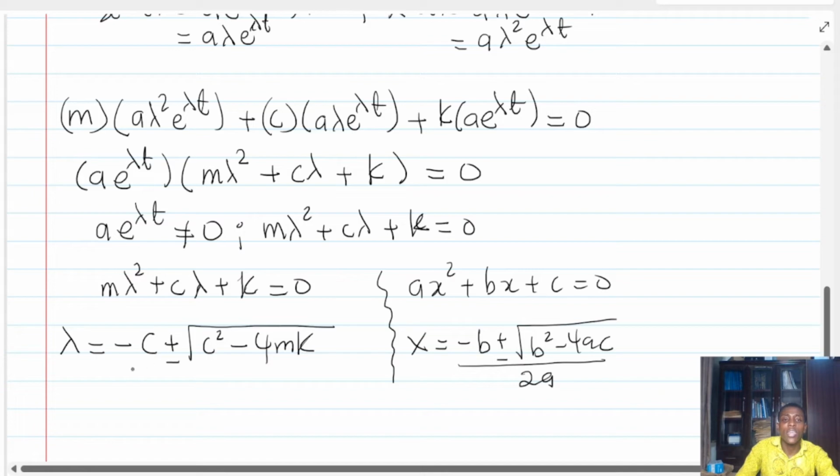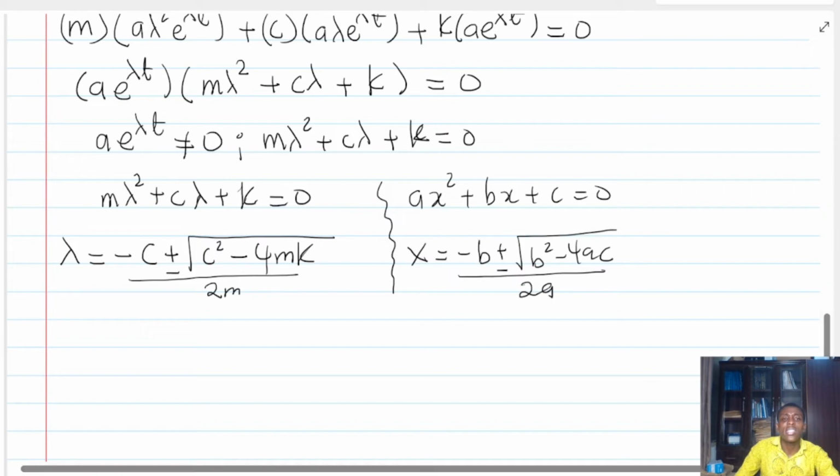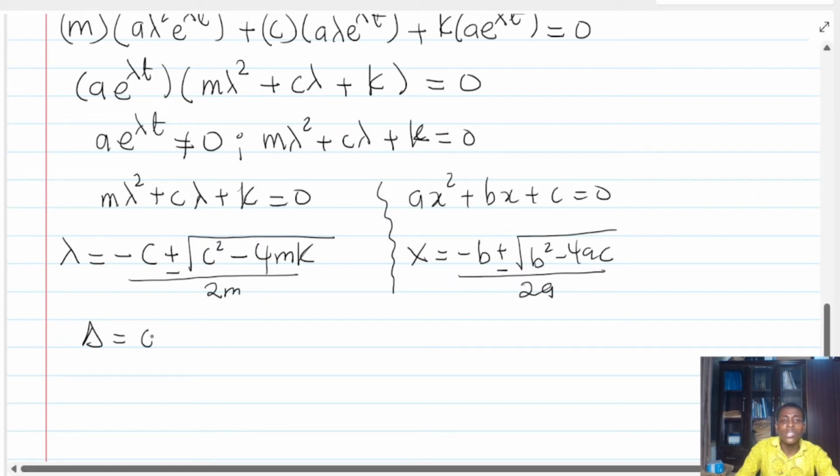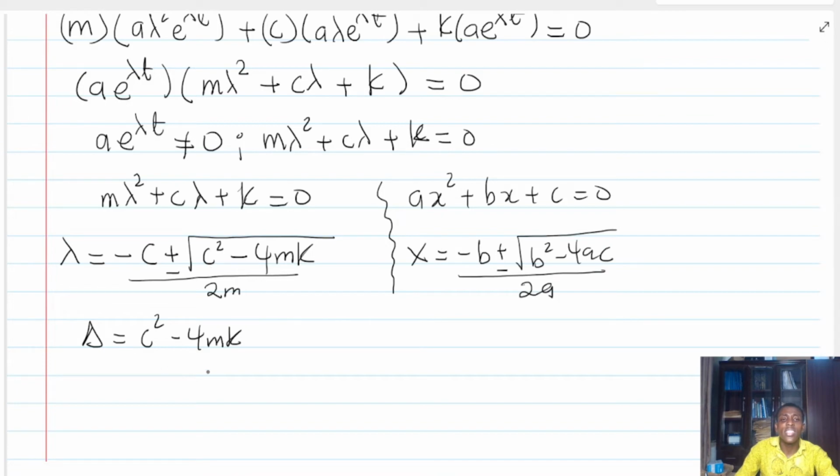So 4mk, then I'll divide this by 2a, and a is the coefficient of lambda squared, which is m. All right. Now we have been able to get this, but there is this quantity called c squared minus 4mk. The value under a square root sign will depend on this, right?